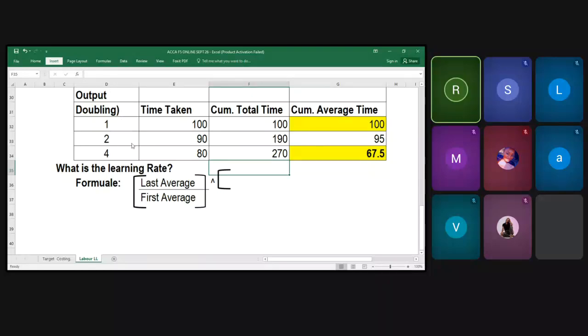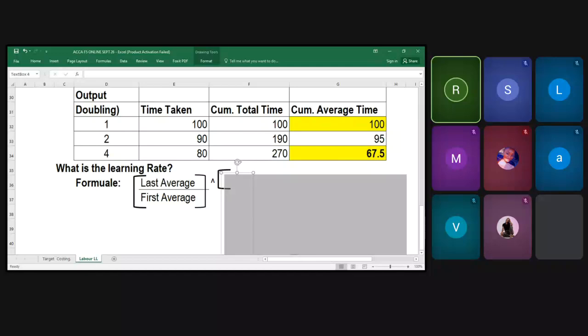I'm trying to play around with this one. To the power 1 divided by n minus 1.